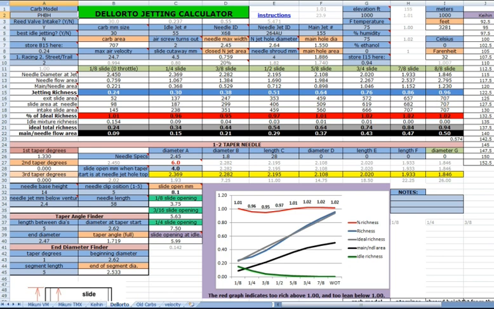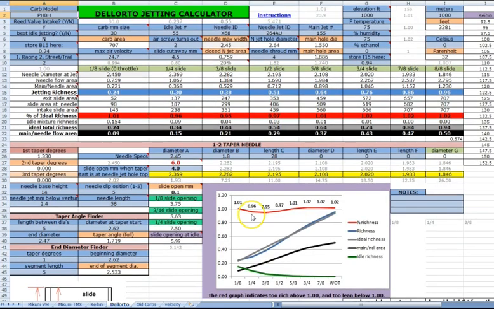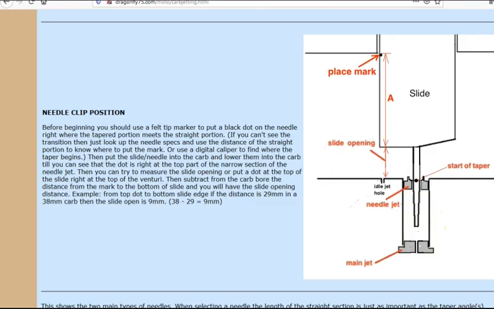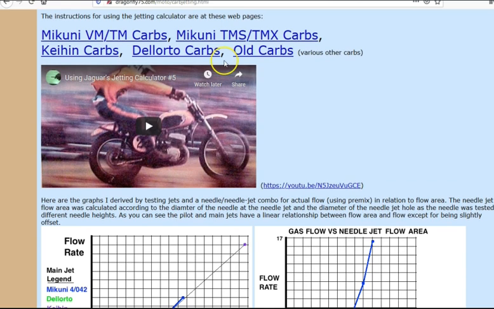Same deal here. Let's see the needles down here. Oh crap, there's no needles. Have you seen how many needles are available for a Dell'Orto carb? Let me show you.